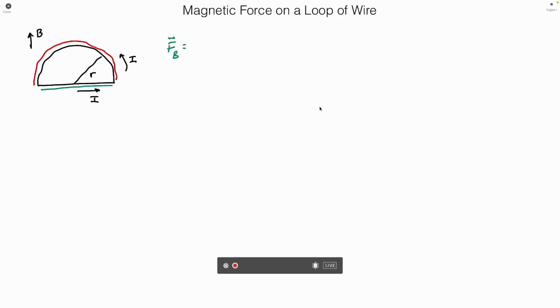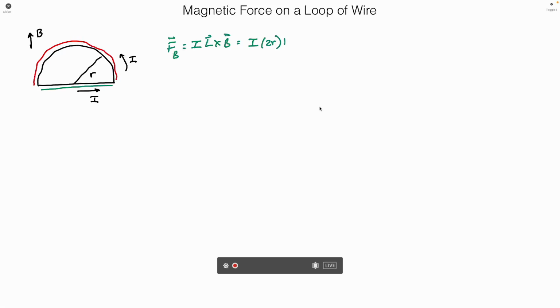The magnetic force on that current on the bottom is I L cross B, and I know my current. What's the length of that bottom wire? 2R, right? It's 2R.